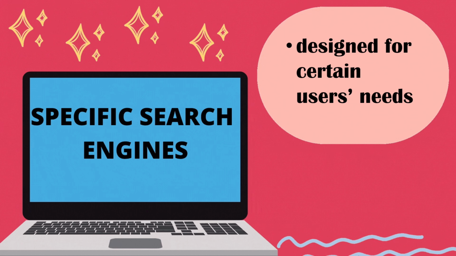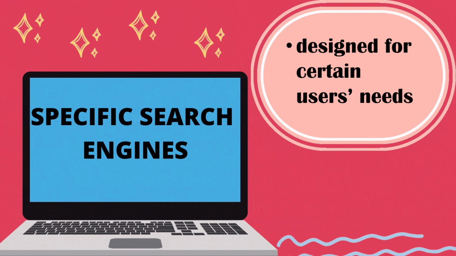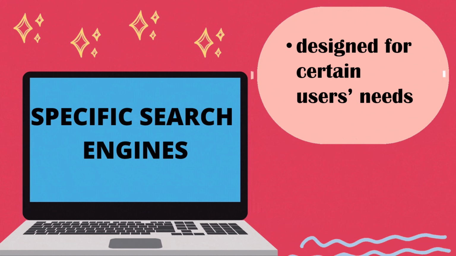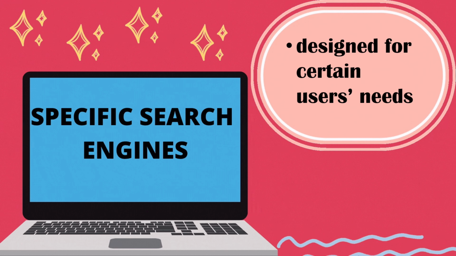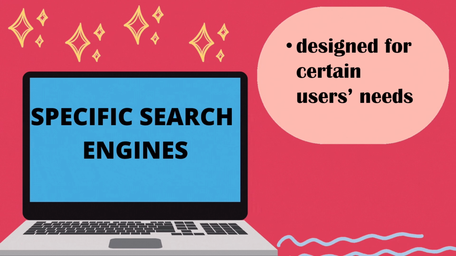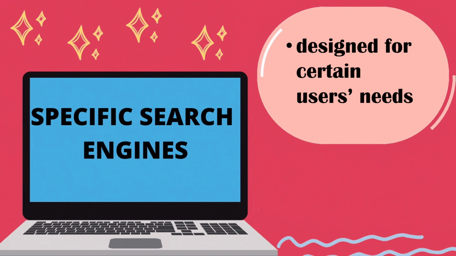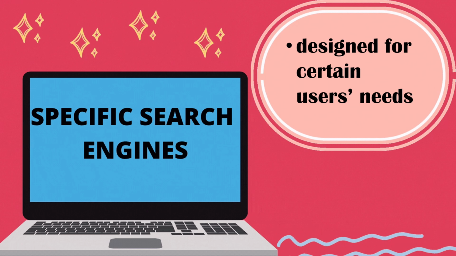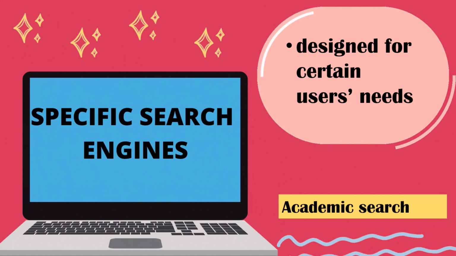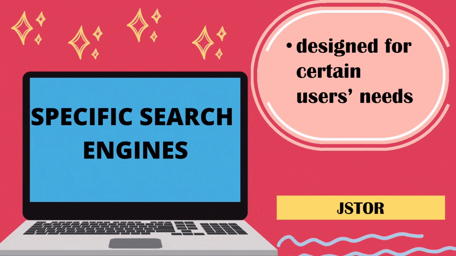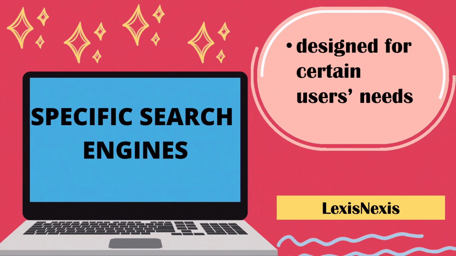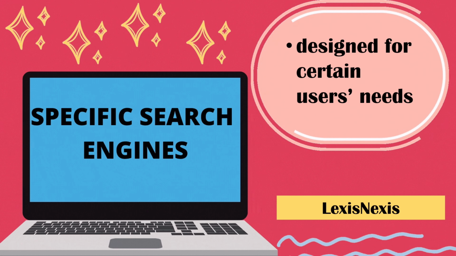While specific search engines can usually be accessed for free, as in the case of academic databases in libraries, most would require user enrollment for subscription to allow unlimited access. Some examples under this type are Academic Search, JSTOR, and LexisNexis.